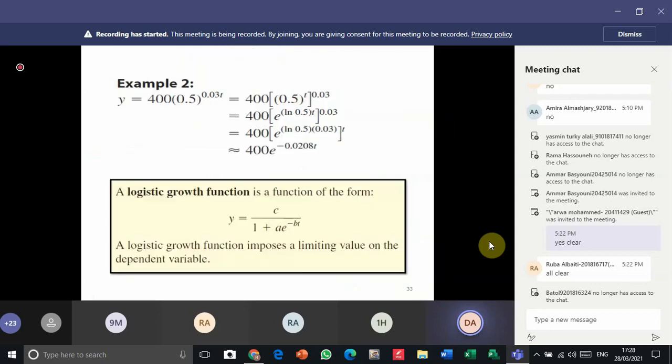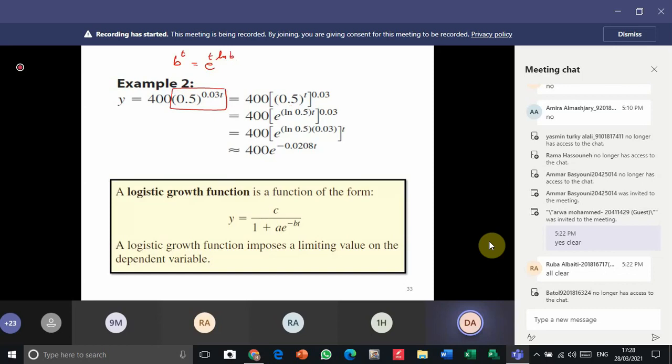Now this is just for conversion. If we need to convert this exponent to base e, we know b to the power t equals e to the power t multiplied by ln b.